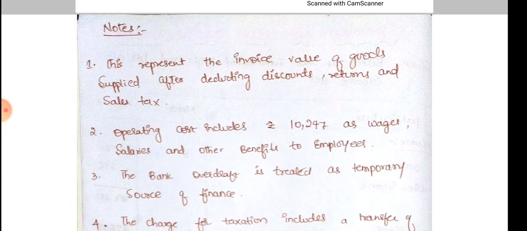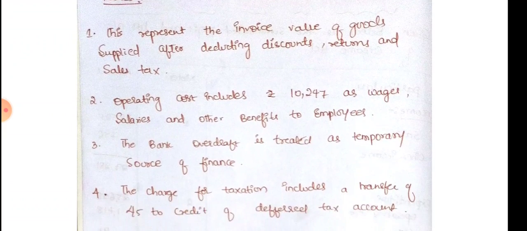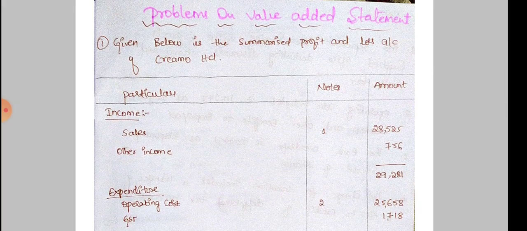So relating to this, some adjustments have been given. So the first adjustment is this represent the invoice value of goods supplied after deducting discounts, returns and sales tax. So here in the above table they have given us the corresponding adjustment number.